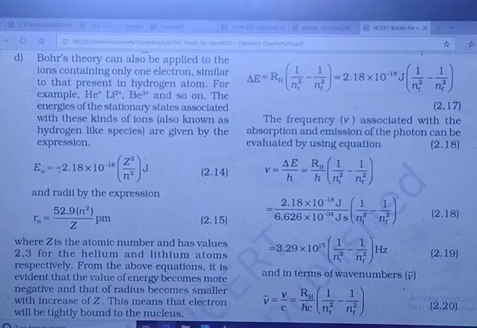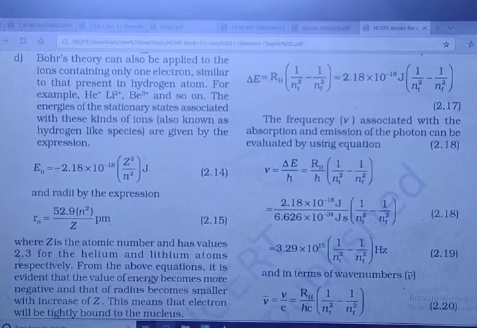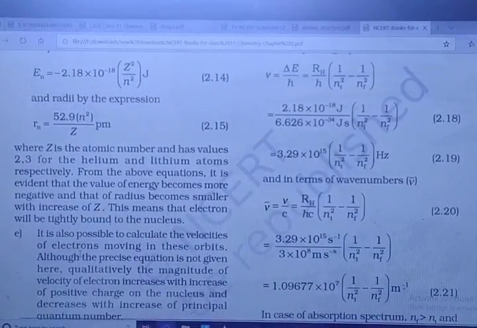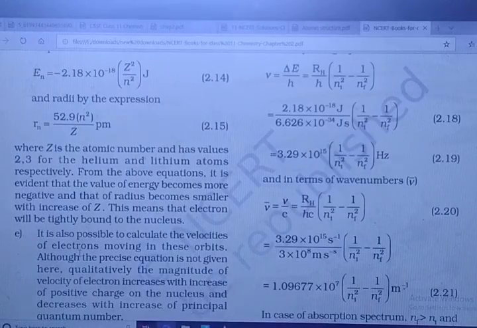Z is atomic number, with values like 2 for helium and 3 for lithium. From the above equation it is evident that the value of energy becomes more negative and the radius becomes smaller with increase of atomic number.